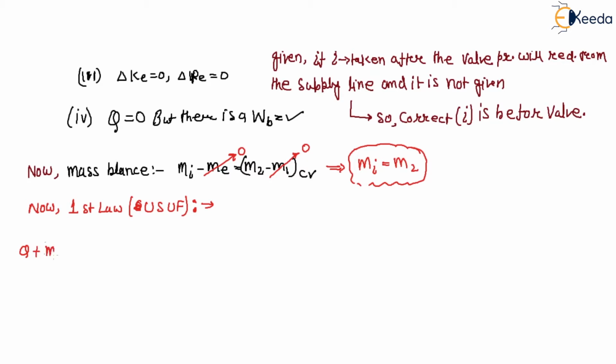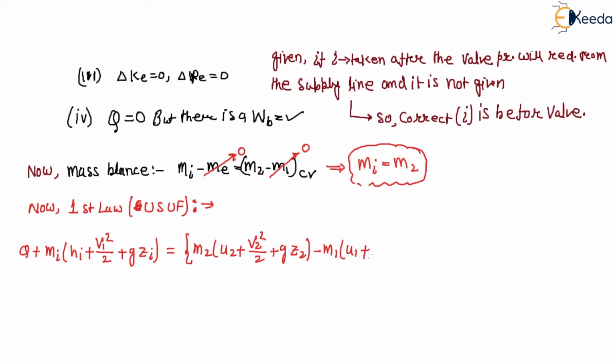Q plus Mi times Hi plus Vi square by 2 plus g Zi is equal to M2 times U2 plus V2 square upon 2 plus g Z2, minus M1 times U1 plus V1 square upon 2 plus g Z1 of a control volume, plus Me times He plus Ve square upon 2 plus g Ze plus W, right?